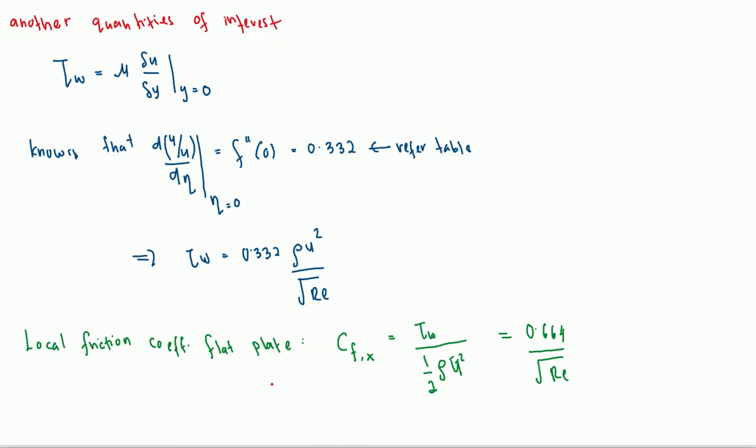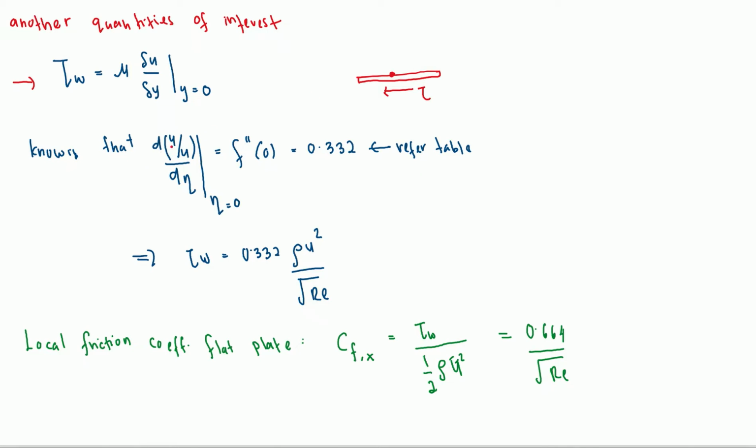Another quantity of interest is tau. Tau is shear stress. If you still remember, I mentioned in a previous class that this is a kind of friction. The equation of tau is given as the dynamic viscosity times del u over del y at y equal to 0, which is here.